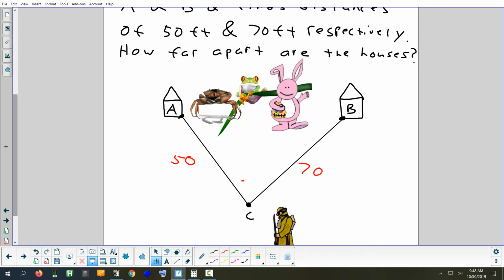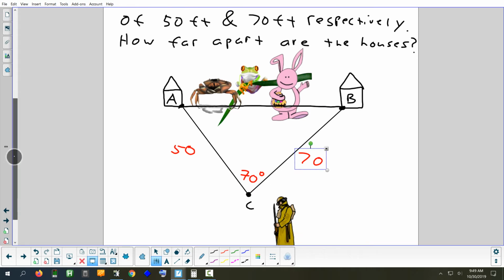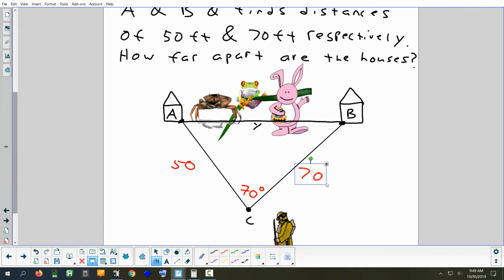Just a coincidence, it's the same. And what we're trying to find is the distance between the two houses. So, side, angle, side. Law of cosines. Okay, let's call this side x.